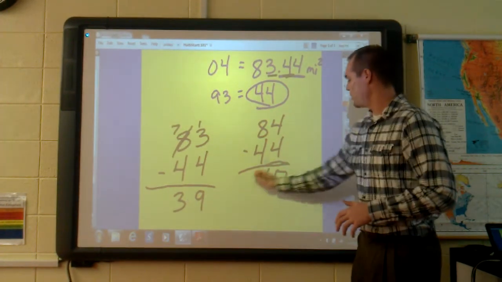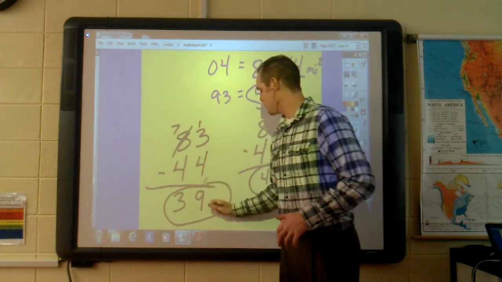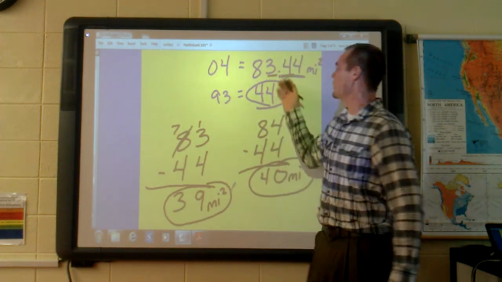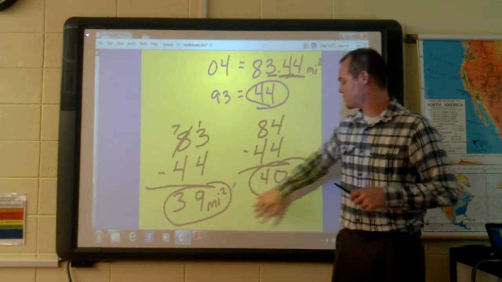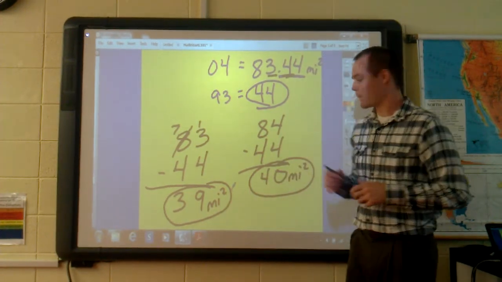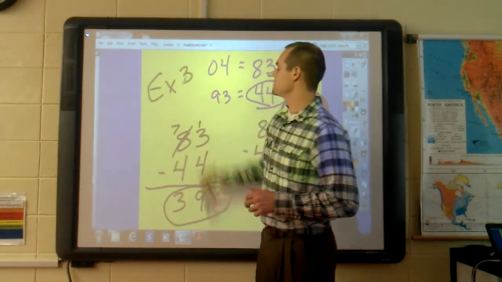So if you put 40 miles squared or 39 miles squared, depending on what form of estimation and how you rounded your numbers, your answer would vary accordingly. All right, and this is what we'll write down for example 3.